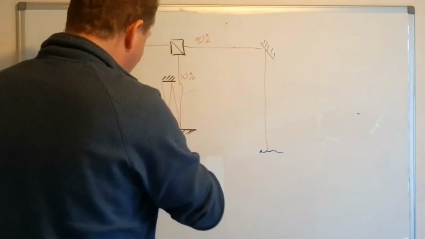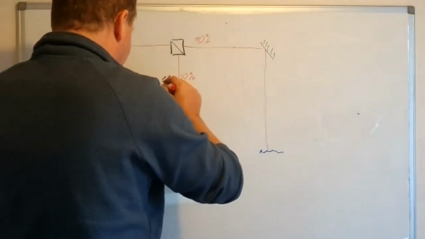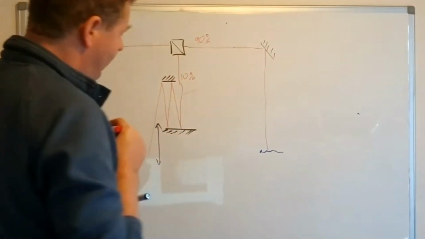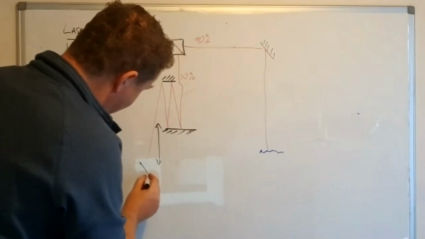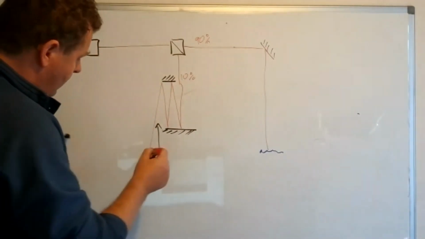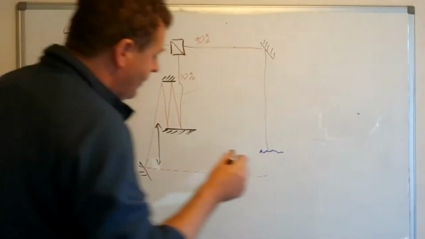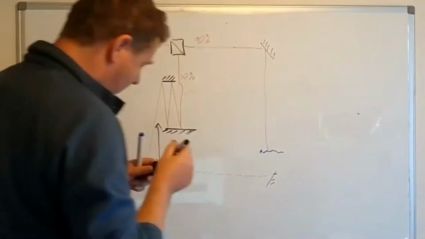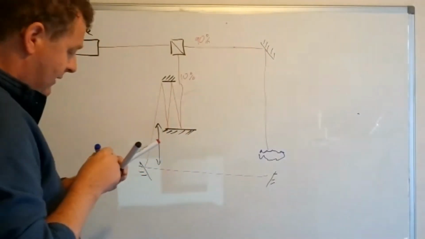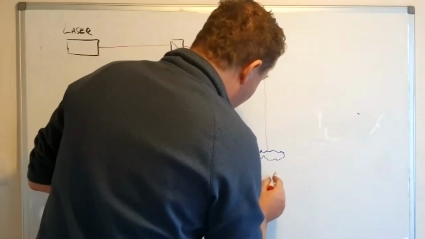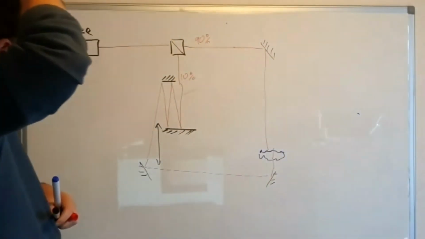We have the light bounce backwards and forwards like that, and eventually it comes out of the delay line. Then we can just arrange again to have mirrors. We're making our sample something that's transparent, and our probe pulse comes through like that.